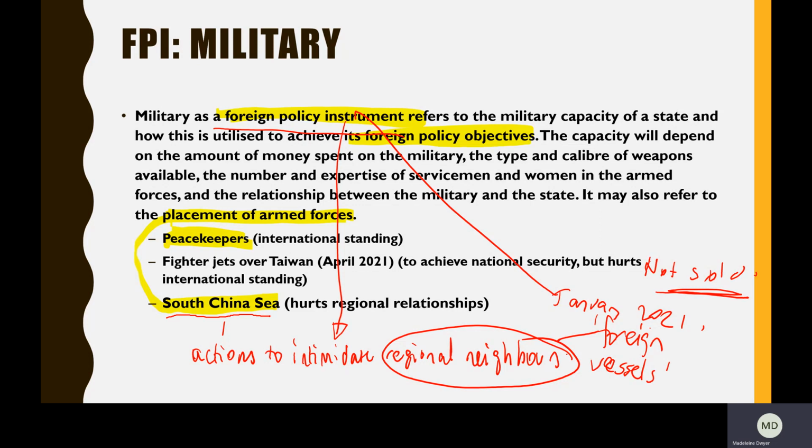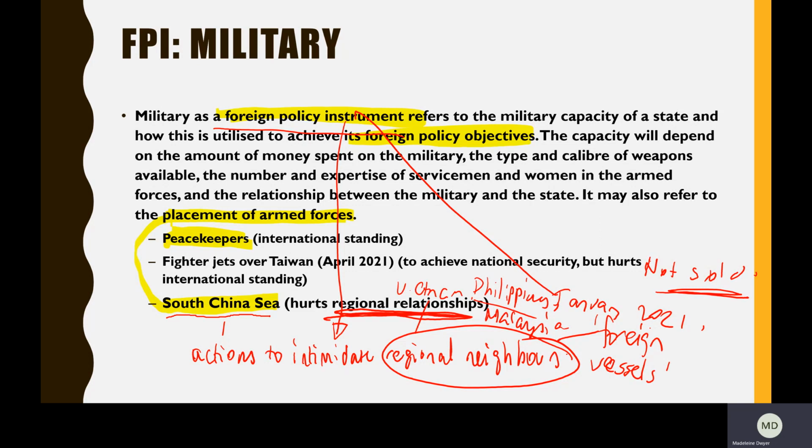The neighbours involved in this are Vietnam, the Philippines, Malaysia. They are all involved in this dispute, and all of them believe that the South China Sea belongs to them. In terms of how it has actually hurt regional relationships, we can use the Philippine example.